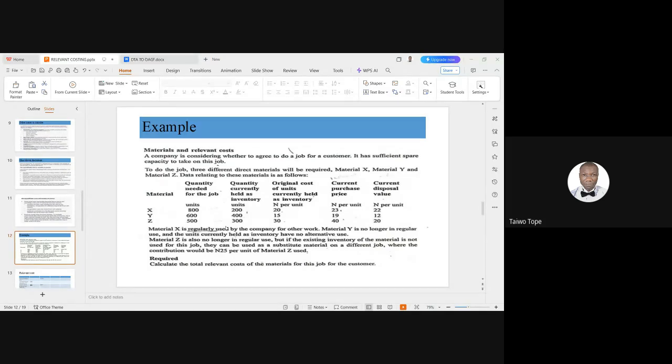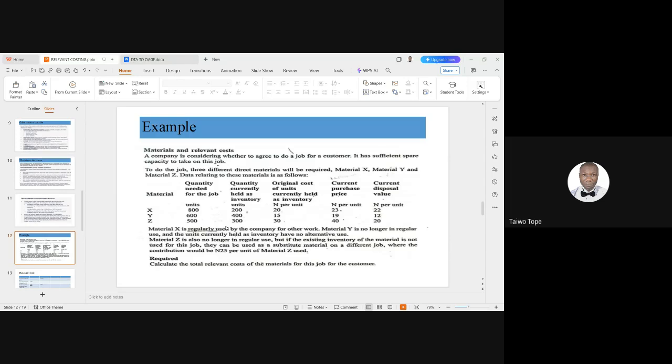So what quantity do you need for this job? It is 800. The relevant cost, because it is always required, we will get at the current price. And what quantity are we getting at the current price? It will be 800 units.